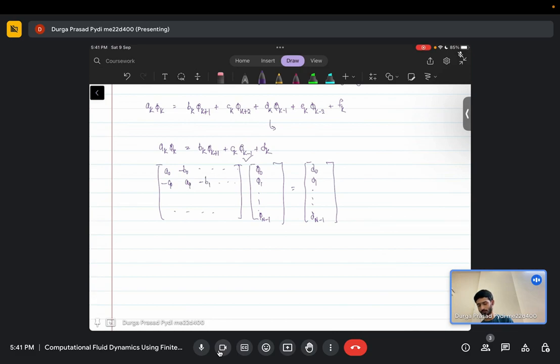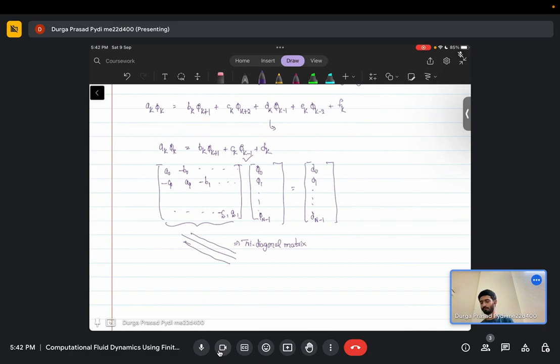And similarly for the last cell, we will be having cn minus 1, an minus 1. So you will be having a tridiagonal matrix here. You will just have one diagonal, one super diagonal and one subdiagonal. So this is your tridiagonal matrix, and hence the name TDMA.